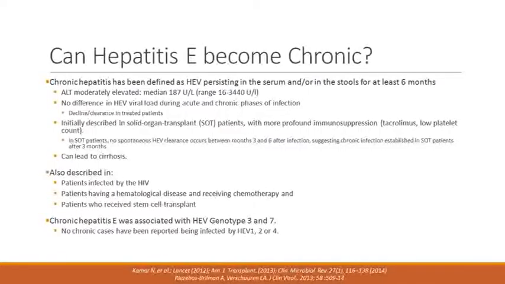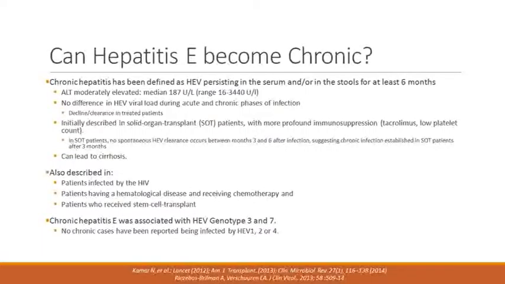There is no difference in hepatitis E virus load during the acute and chronic phases of infection in people who chronicize, and there is a decline in clearance in people who are treated and resolve hepatitis E virus infection.